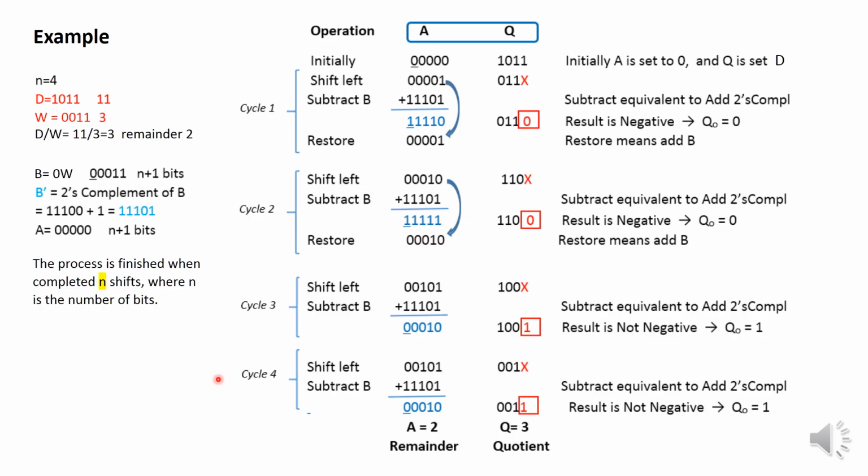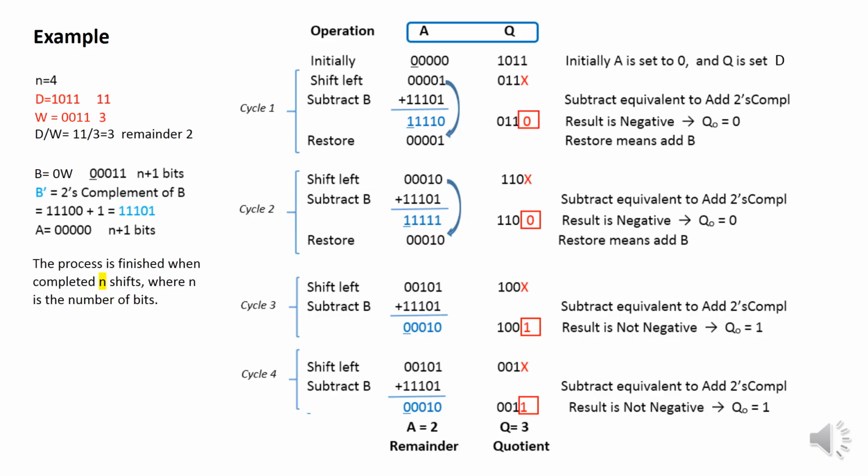In the fourth and final cycle, after shifting left and subtracting, the result is also positive, so we keep it. The new quotient bit is 1.